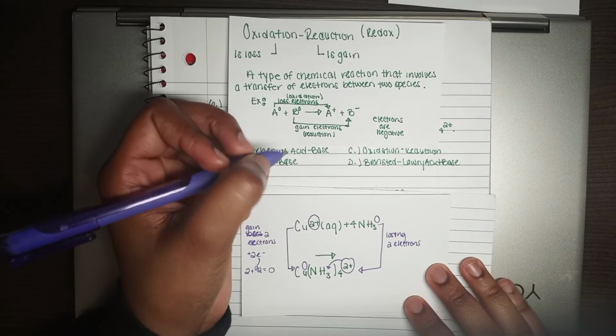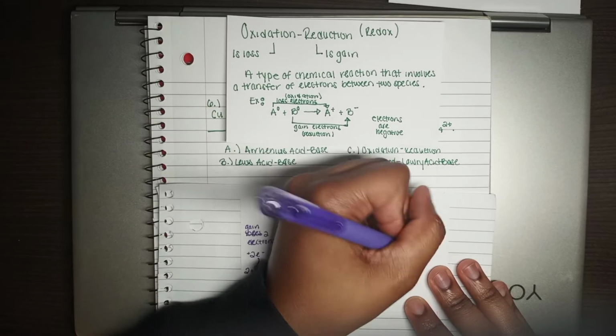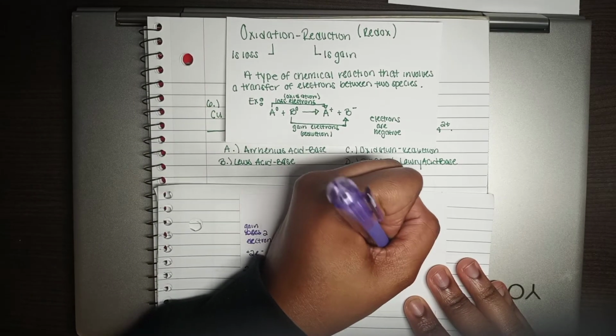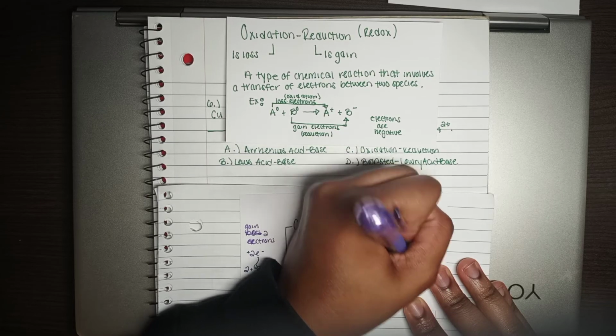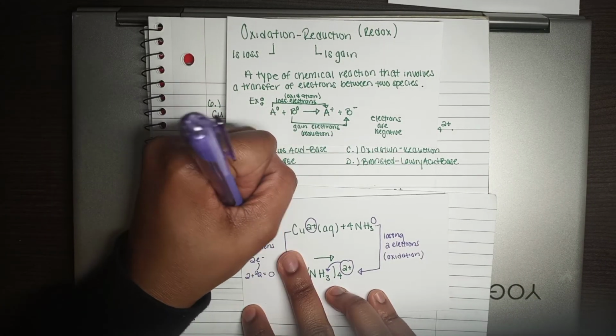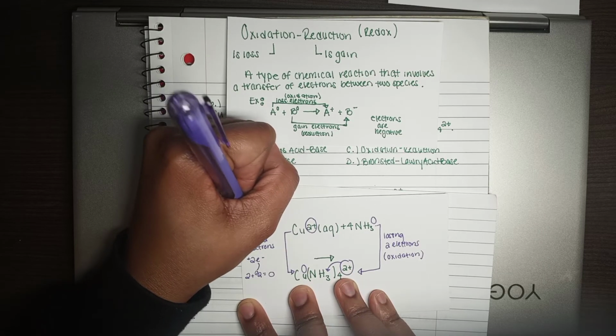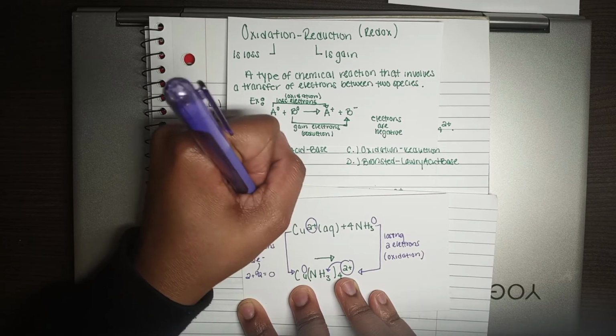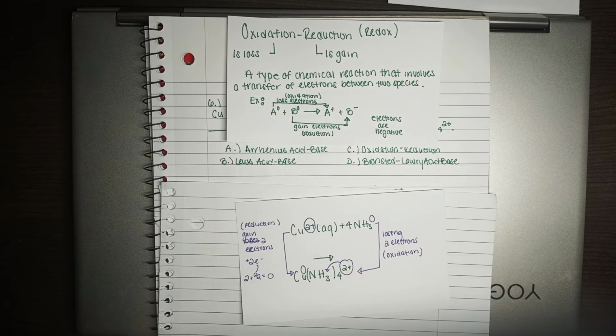The loss of 2 electrons means that oxidation is happening. And then over here, gaining 2 electrons means that reduction is occurring.